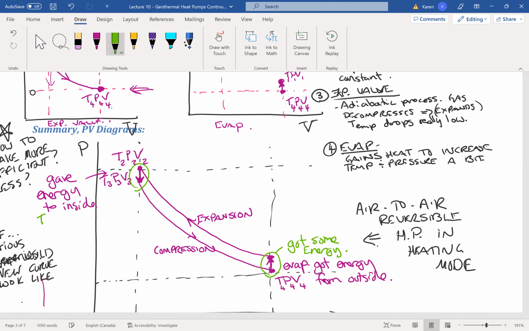And then we transferred it. So this is what we did it for, right? It's in heating mode. We actually did it just for this. This whole thing is for this. This is the purpose of the entire system, this side. It's transferring that energy into the room.